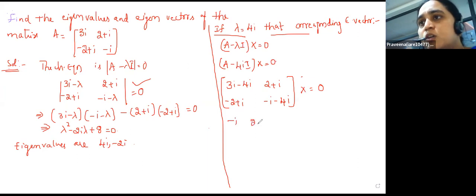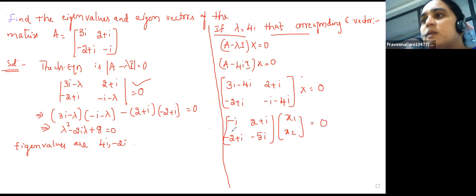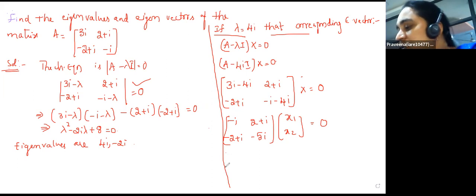Minus i, 2 plus i, minus 2 plus i, minus 4i, that is minus 5i, right? Into x1, x2 is equal to 0. Number of unknowns how many? For that, tell me the row operation.